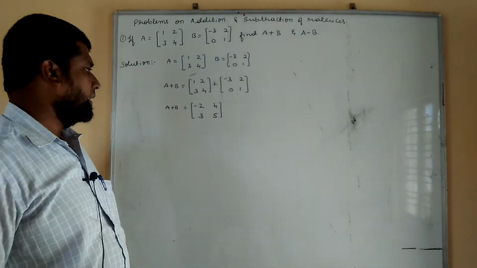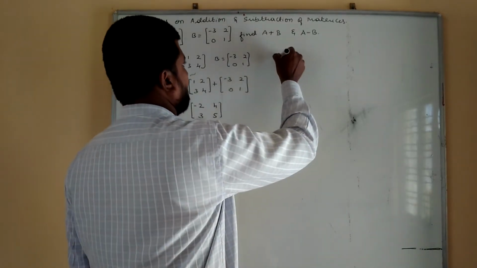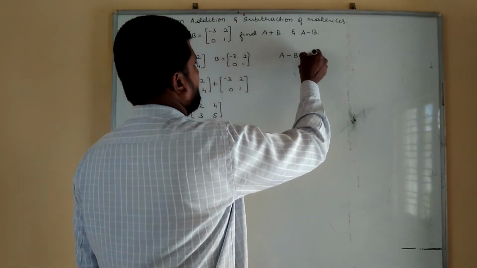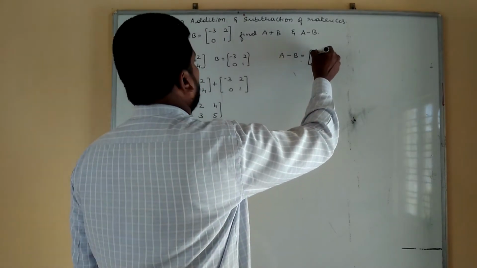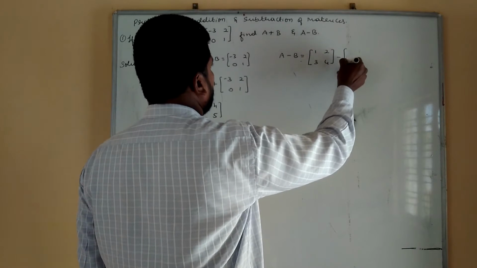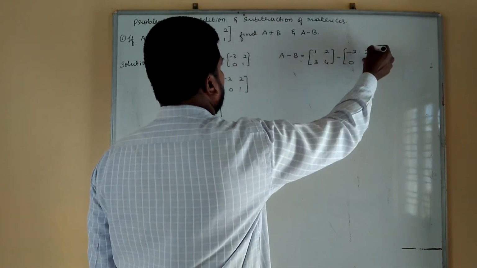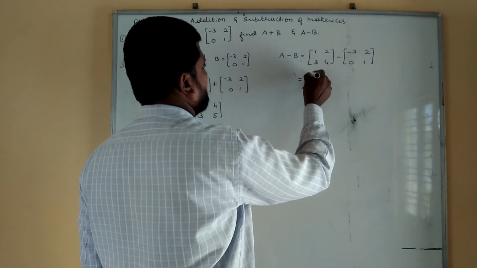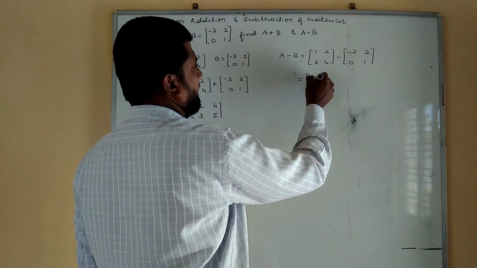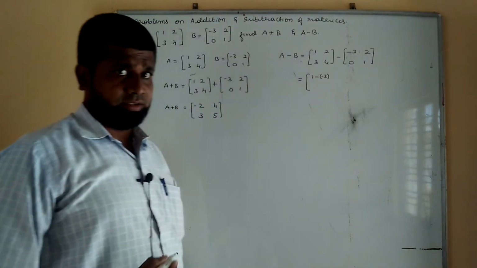Then next is A minus B. A minus B means you have to subtract B from A. A is 1 2 3 4 minus B is minus 3 2 0 1. You can write an extra step also. See here, 1 minus of minus 3, or you can add or subtract directly.